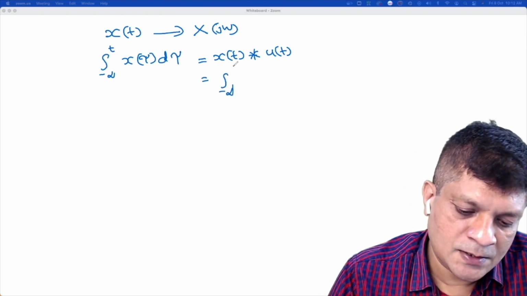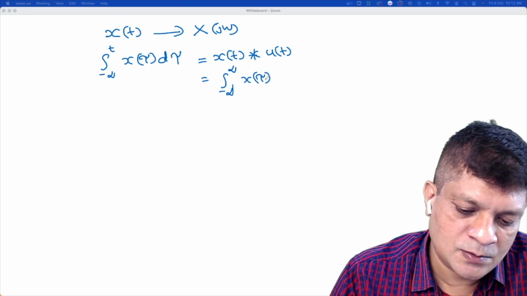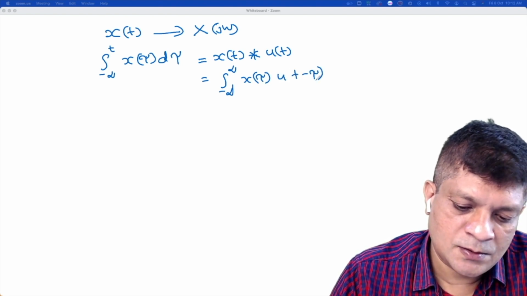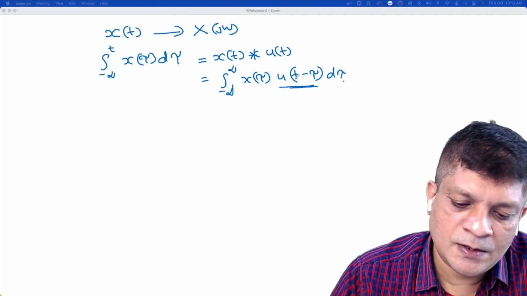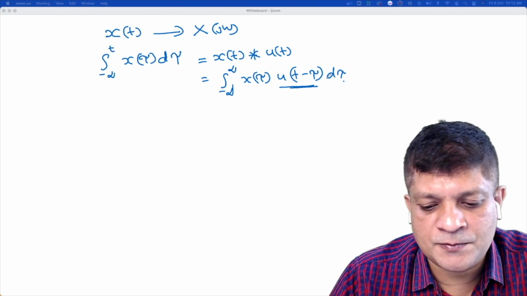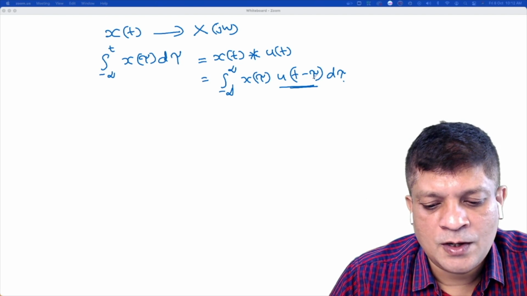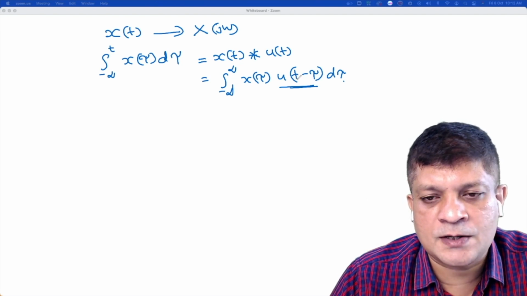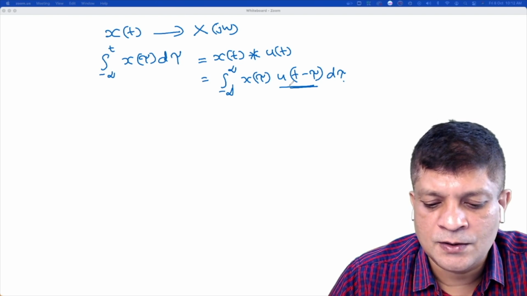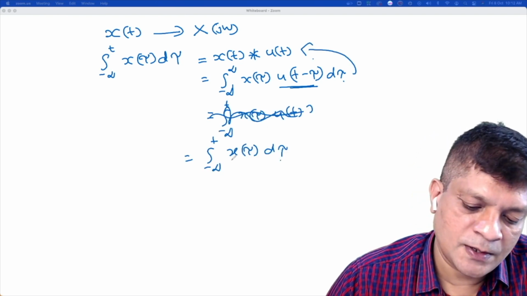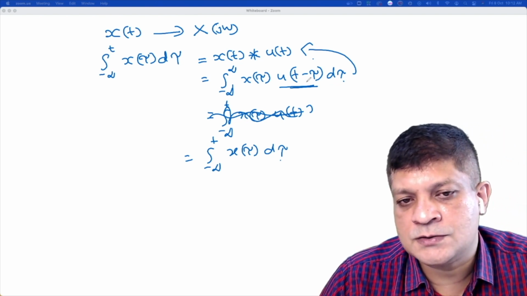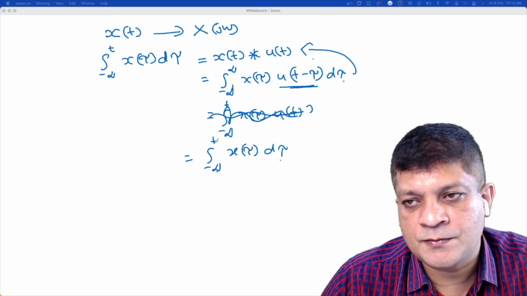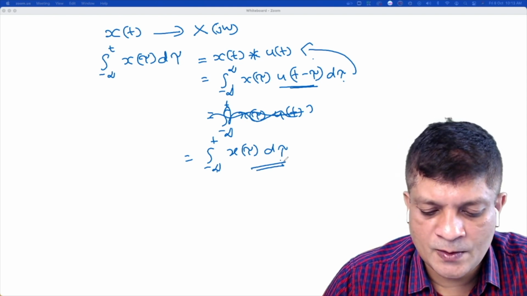It is the integral from minus infinity to infinity of x(τ) u(t − τ) dτ, isn't it? So this term is non-zero only for which values of τ? This is integration with respect to τ. If τ is greater than t, then it is 0. When τ is less than t, this term is 1. So we can write it as the integral from minus infinity to t of x(τ) dτ.